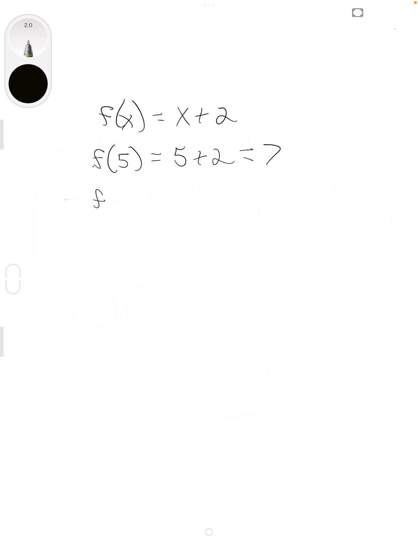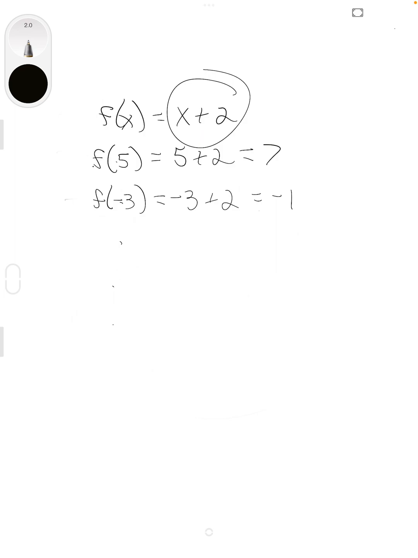Well, what if that formula had a negative 3 in it? Well, that would be negative 3 plus 2, which would be negative 1. So this is a way to give a formula, and then you can basically substitute all kinds of different stuff into that formula to figure out an answer. This is what makes it so useful.